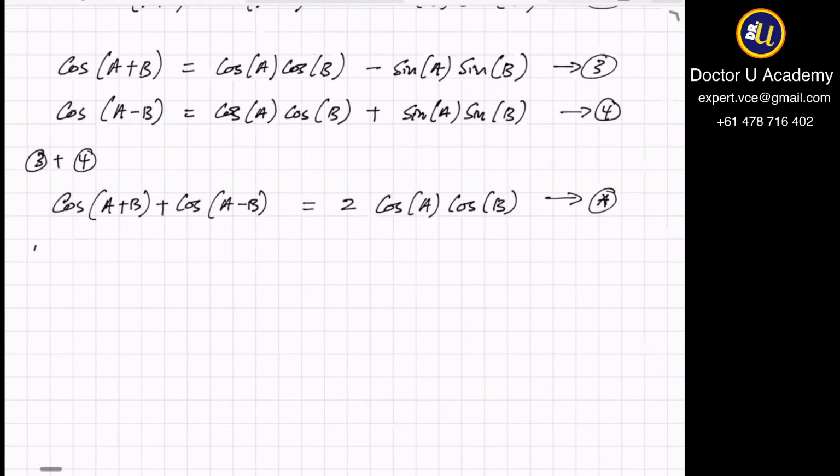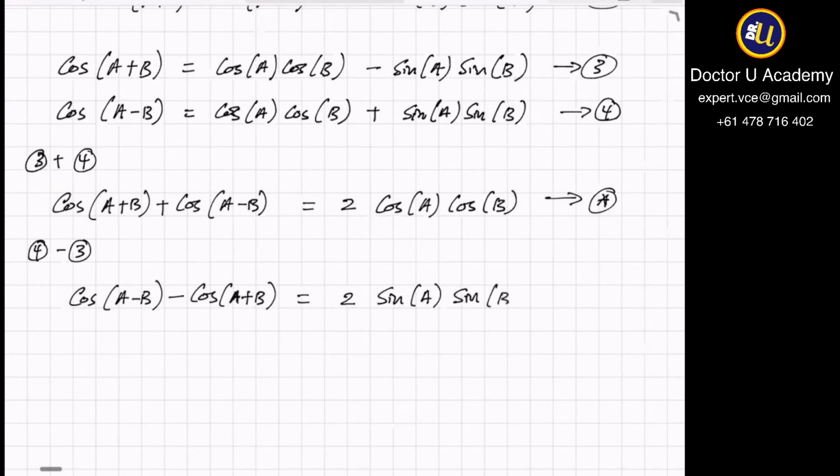Why 4 minus 3? Because in equation 3 you have a minus, so I want to have a positive number. So cos(A-B) - cos(A+B) is equal to 2 times sin A sin B. So this is our next derived equation.